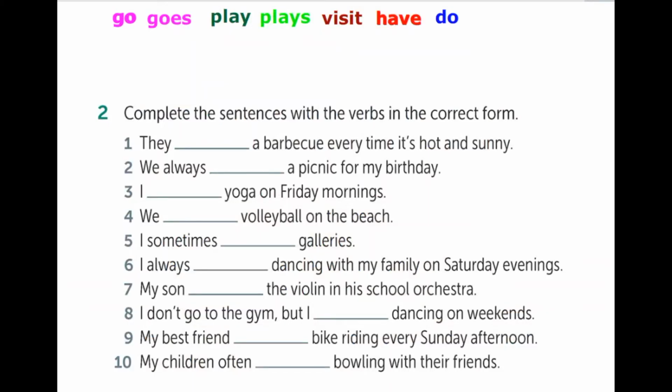Let's practice a little bit more. Exercise number 2. You have to complete the sentences with the verbs in the correct form, using the verbs go, play, visit, have, and do. Remember that for he, she, it, the third person in the singular, we have some changes, right?